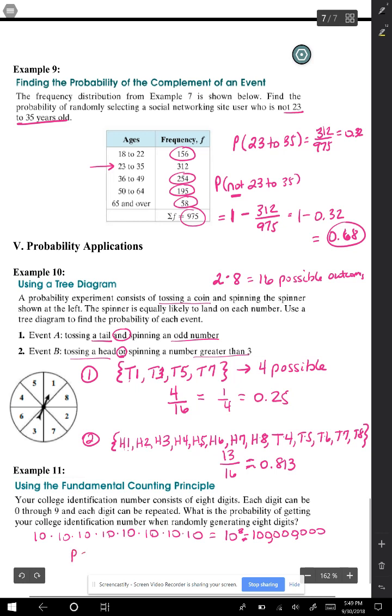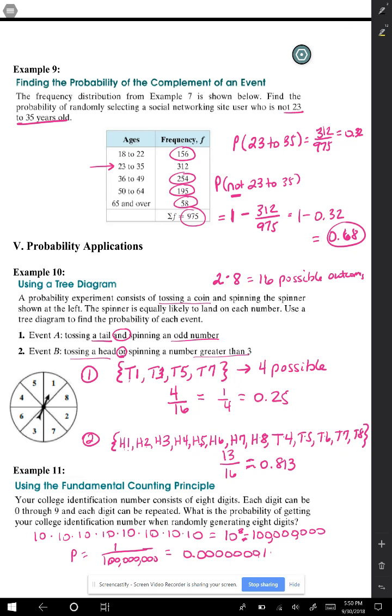So the probability would be 1 out of 100 million, which is point, and then we have a bunch of zeros here. And a 1. So 0.000000001. That would be the probability of choosing your college identification number at random.